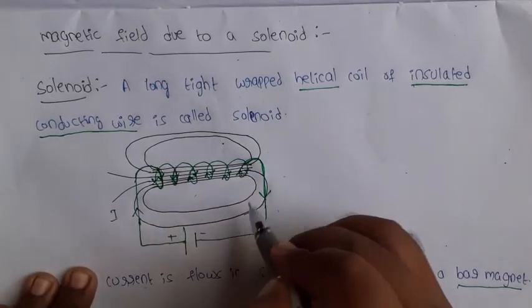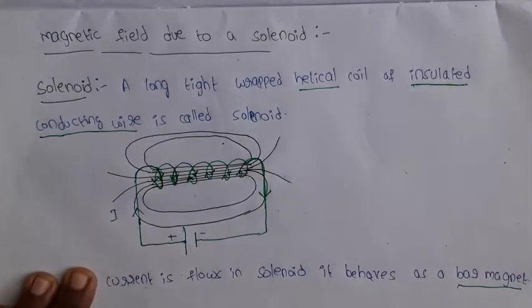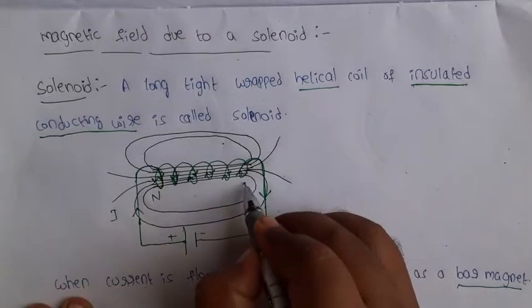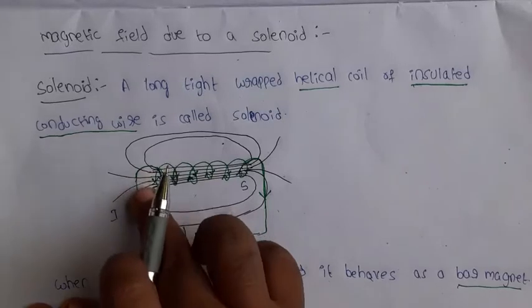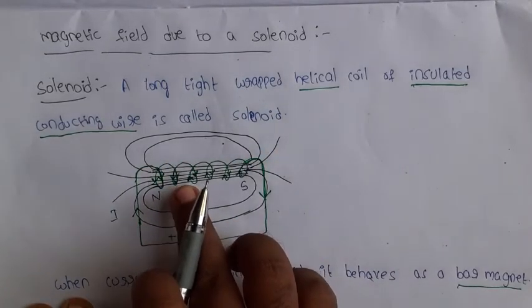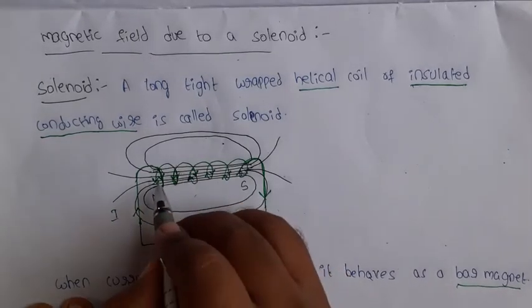For example, I am taking this as the north pole and this as the south pole. If the solenoid behaves as a bar magnet, in case of a bar magnet, what is the direction of the magnetic field lines?